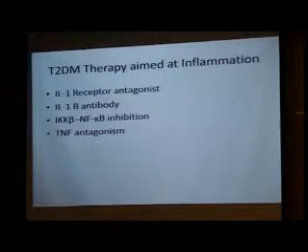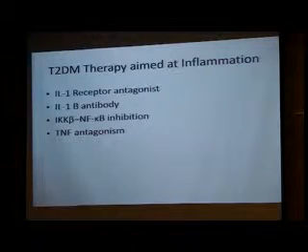Now coming to therapy aimed at inflammation, like I mentioned, these are the four main molecular mechanisms which are targeted. One is IL-1. There are two ways to target it: the receptor is targeted, or the IL-1 molecule itself is targeted. There is the IL-1 receptor antagonist; the molecule used in trials is anakinra.